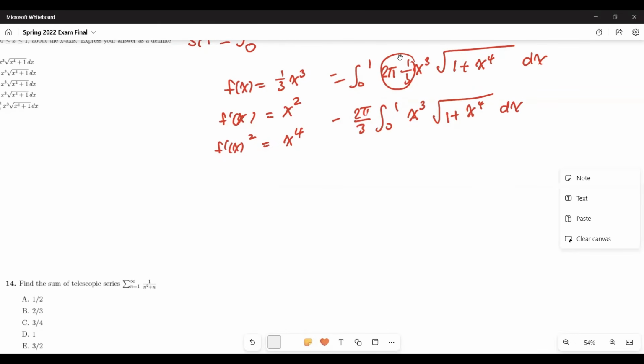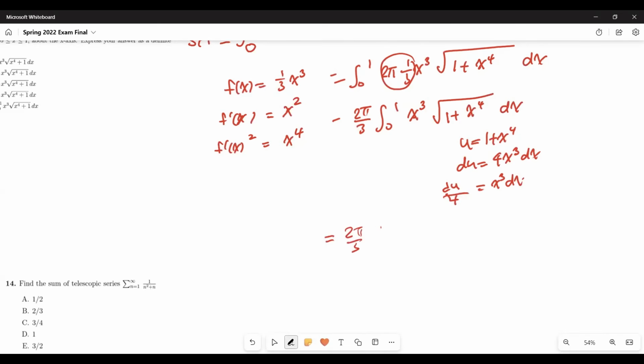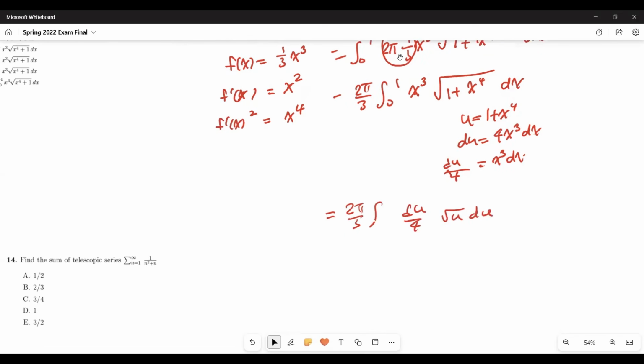So u is equal to 1 plus x to the fourth, du becomes 4x cubed dx, and x cubed dx becomes du over 4. So that means it's 2 pi over 3 times du over 4 times the square root of u du, and our new bounds would be 1 and 2.